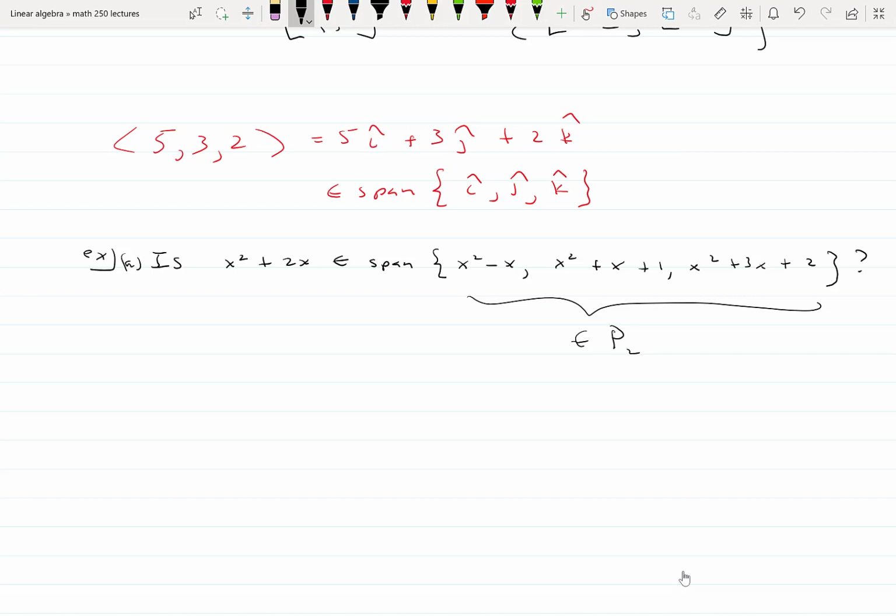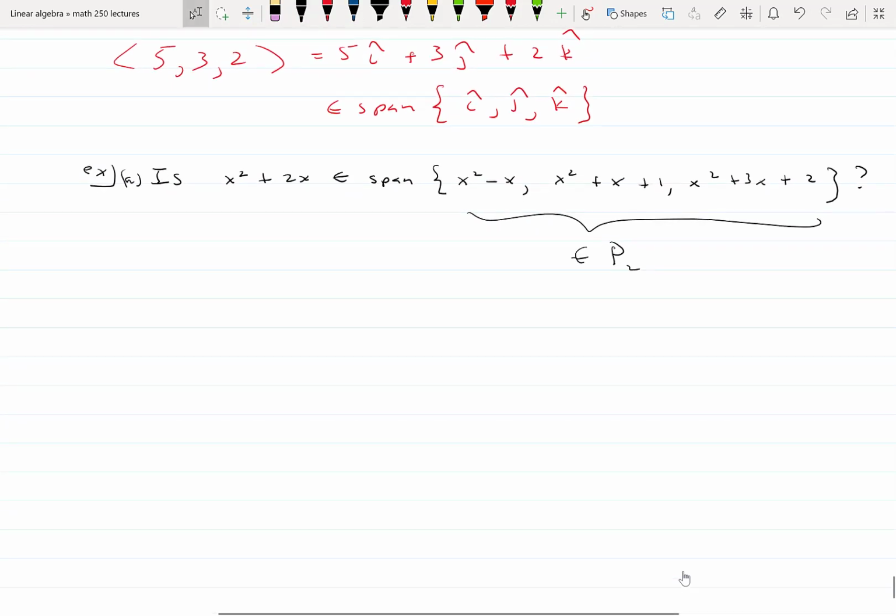Okay, so the question is: is this parabola, x squared plus 2x, in the span of these three parabolas? Is it a linear combination? Can I make this one parabola a linear combination of these others?